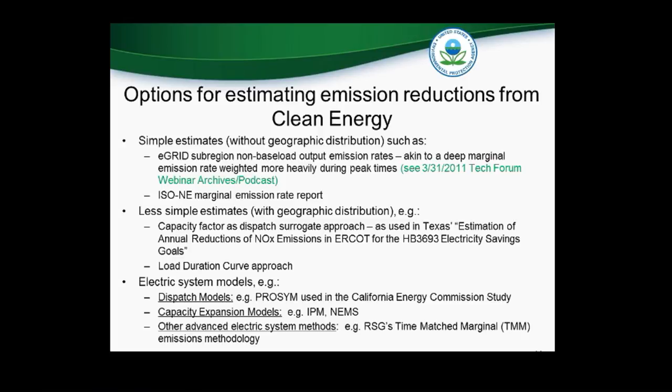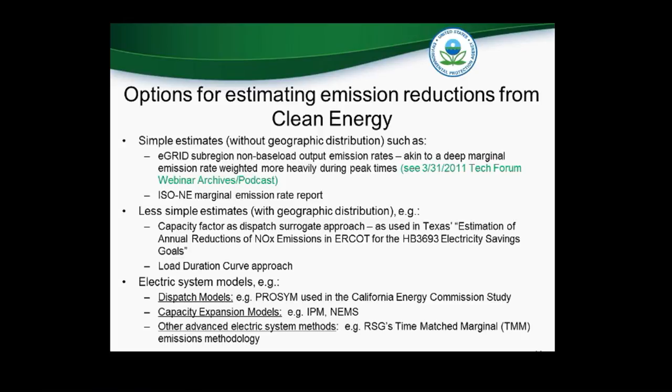However, there are reasonable methods available to estimate what is intuitively evident, that clean energy does reduce air pollution. So the simple estimates on the top are crude methods that explain how much, but not exactly where these emission reductions are happening. They're good for screening analysis to answer whether it's really worth spending more resources for better estimates.